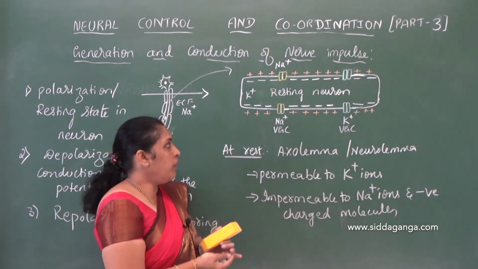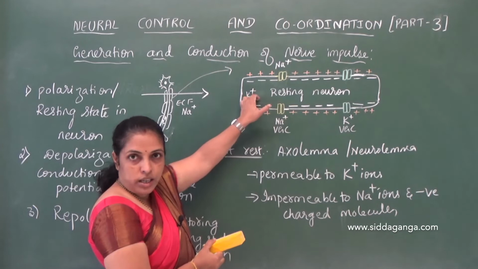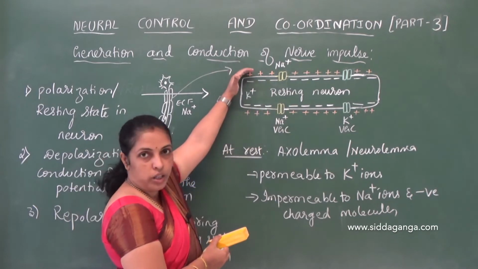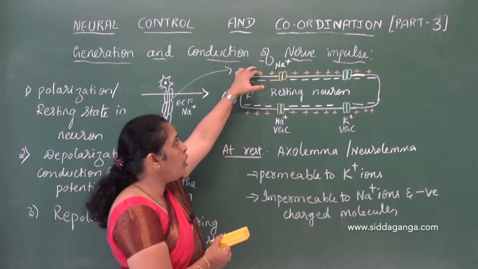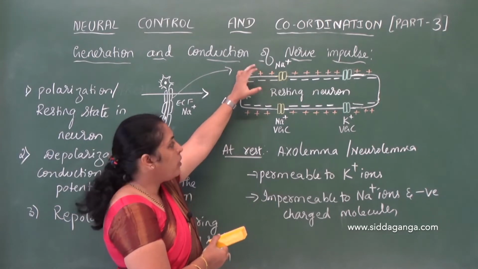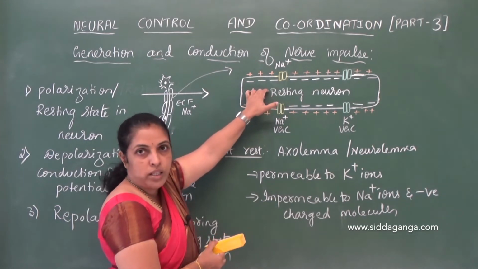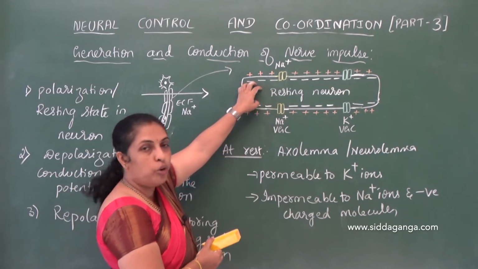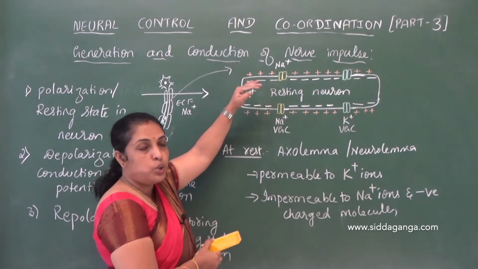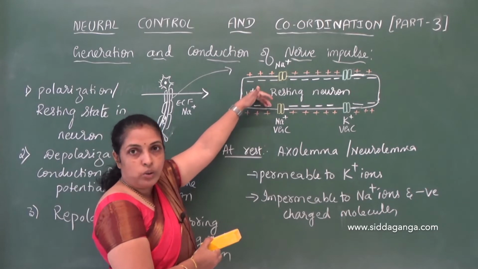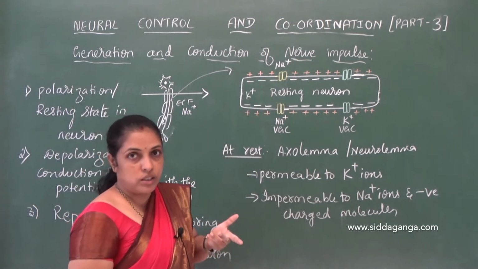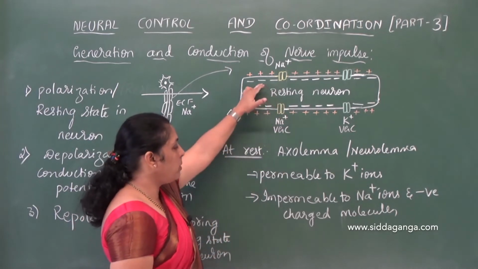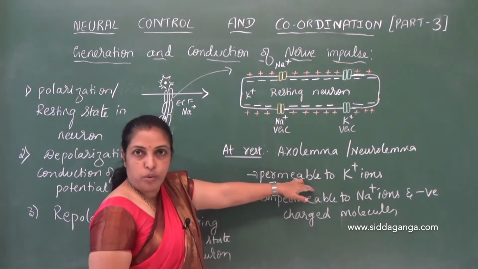When the neurons are at rest, outside the axoplasm, in the extracellular fluid, we see more sodium ions, and inside the cytoplasm of the axon we see more potassium ions. Because of the ionic gradient, they move from higher concentration to lower concentration, but this membrane is permeable to potassium ions only.